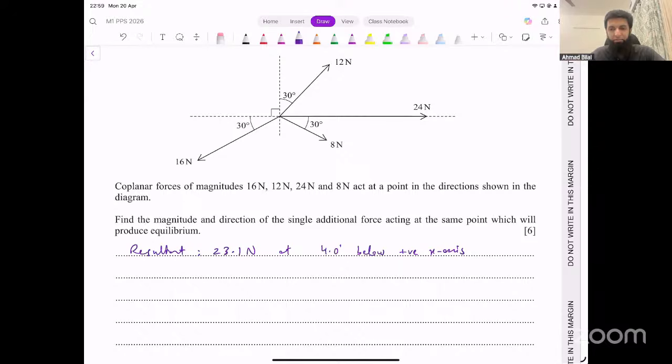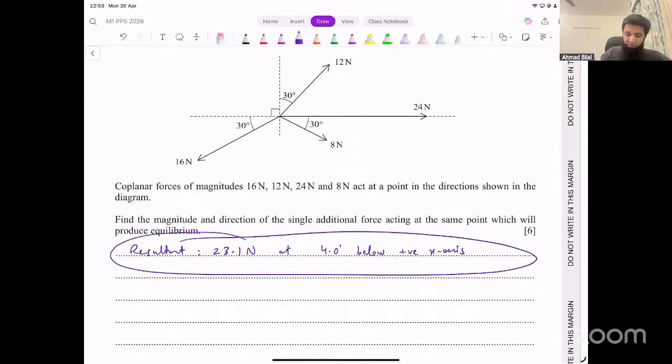The standard. They're not asking you for the resultant. That's not the final answer. Just focus on this for now. This is what the resultant force turns out to be.